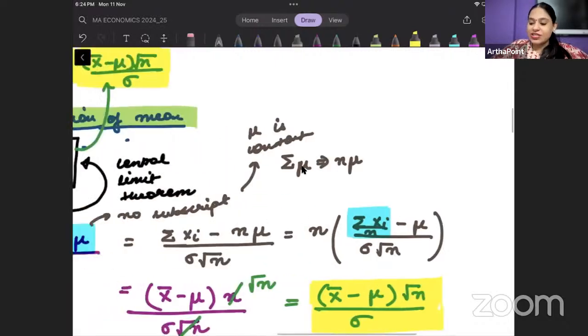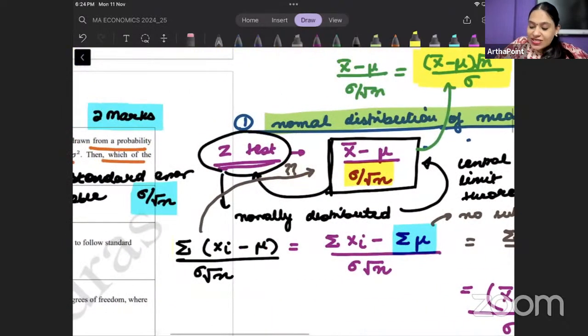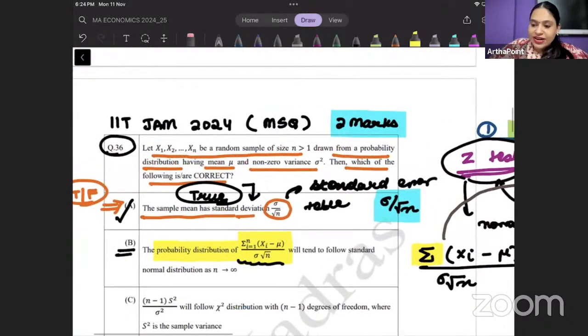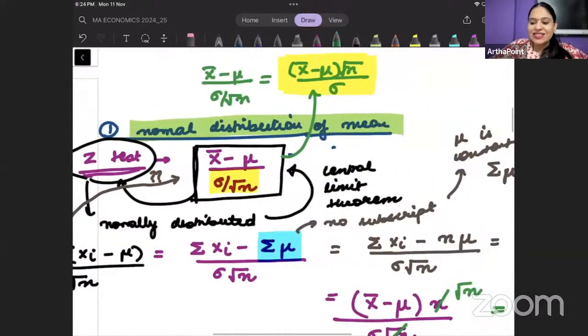बहुत इंपॉर्टेंट है जानना कि यहां पे इन्होंने एक summation use किया है. We need to open that summation up. And when we open that summation up, then actually it is coming exactly like this z value. And that has to be normally distributed. तभी तो हम उसको ऐसे represent कर पाते हैं.